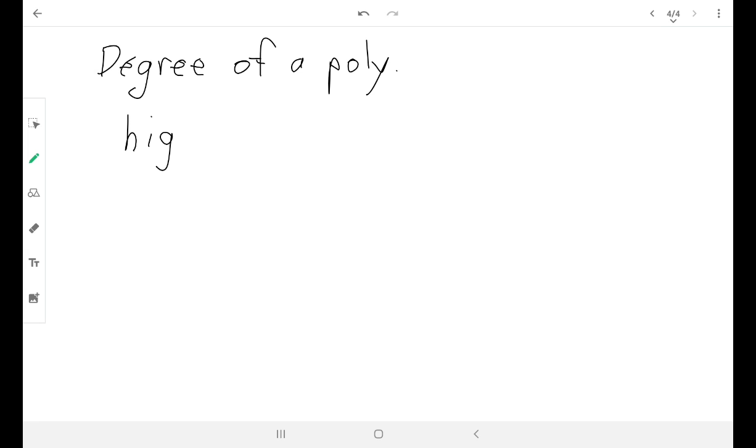The degree of a polynomial, I'm going to make polynomial shorter that way. The degree of a polynomial is the highest exponent that you see in the polynomial.